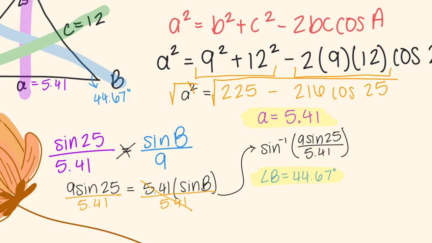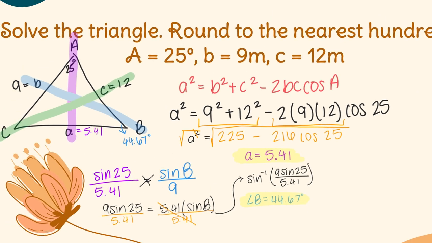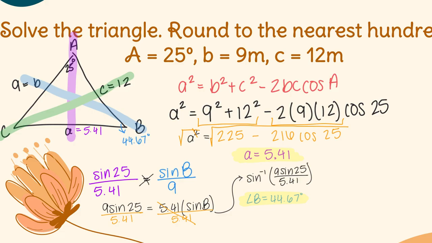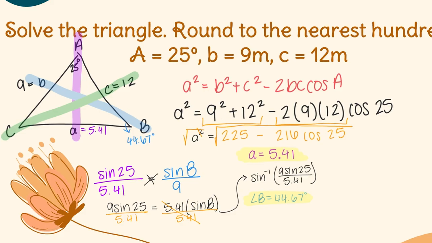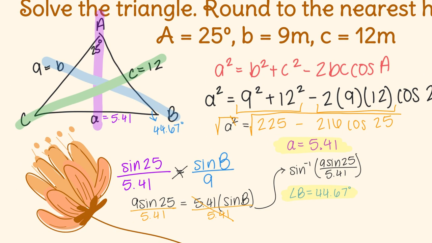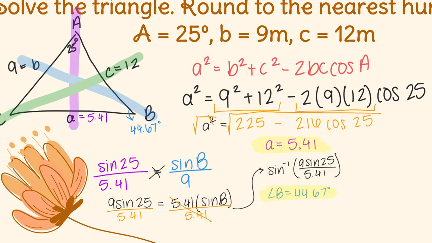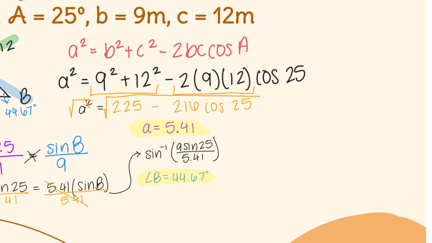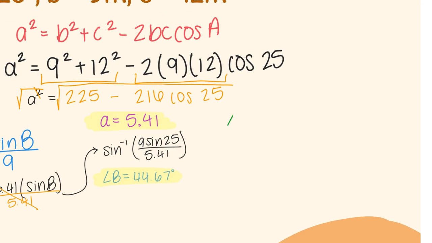Then all you have to do is find angle C. All right, how would I find angle C? Okay, yep. All I'm going to do is add the two angles and then subtract it from 180. So my two angles, I'm going to go ahead and do it over here. Angle C is 25 plus that 44.67.